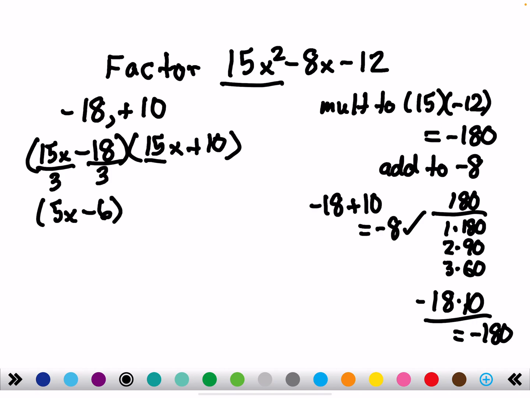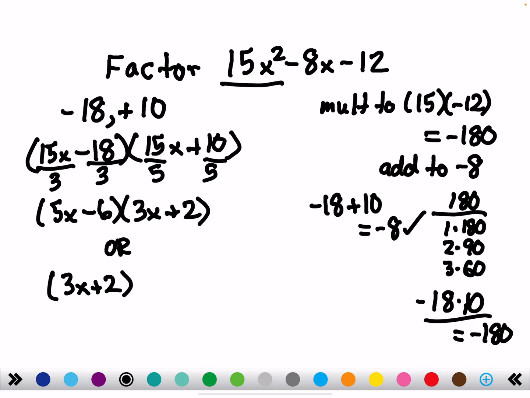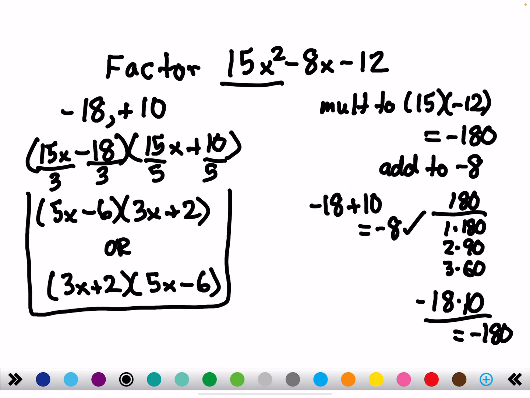The biggest number that evenly divides 15 and 10 is 5. So that is 3x plus 2. So that's one way to write the answer. Another way would be 3x plus 2 times 5x minus 6. Either of those are equally correct answers.